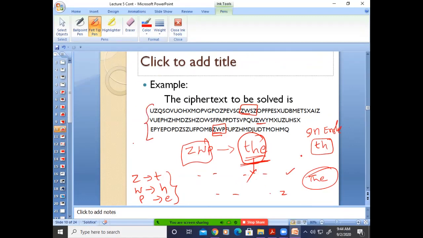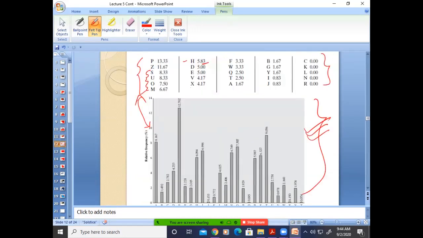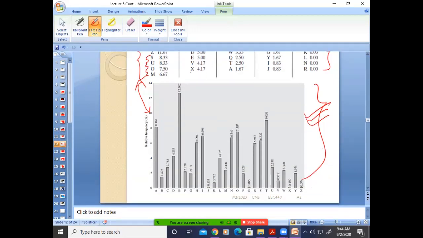If this is a message in ciphertext, to convert it into plain text we have to see the frequency of the letters and compare with the general English frequency of the letters.